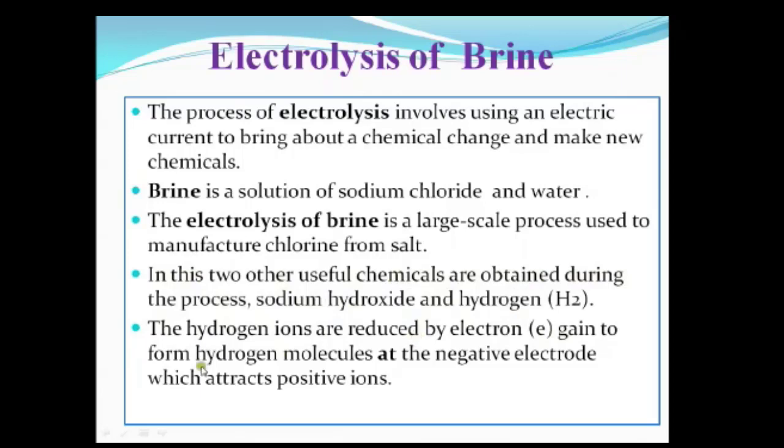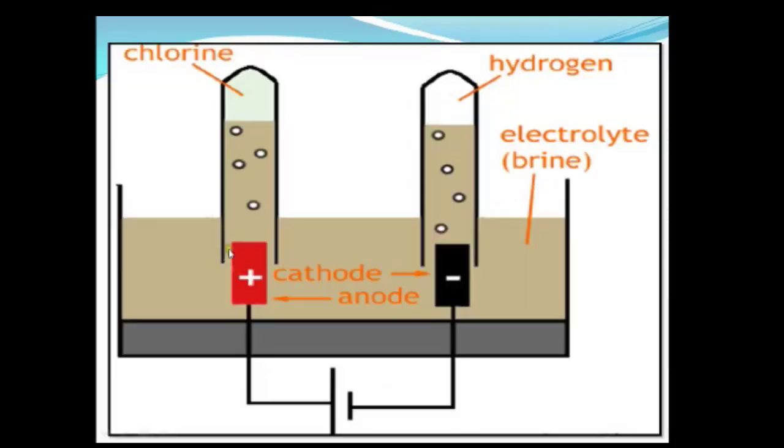Here the hydrogen ions are reduced by electron gain to form hydrogen molecules at the negative electrode, which attracts the positive ions. We can see here in the picture, this is the positive electrode, which we call the anode, whereas this is the negative electrode, which is the cathode.